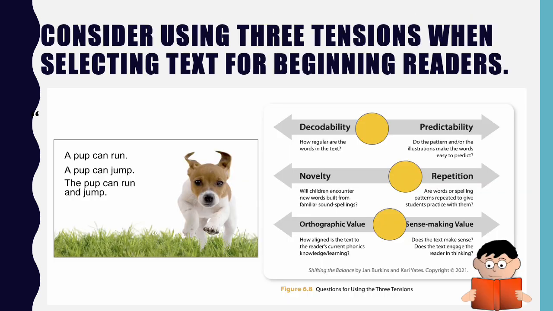Let's look at these three tensions when you're looking at this page of text. A pup can run. A pup can jump. The pup can run and jump. So the decodability is really looking at how regular the words in the text are.